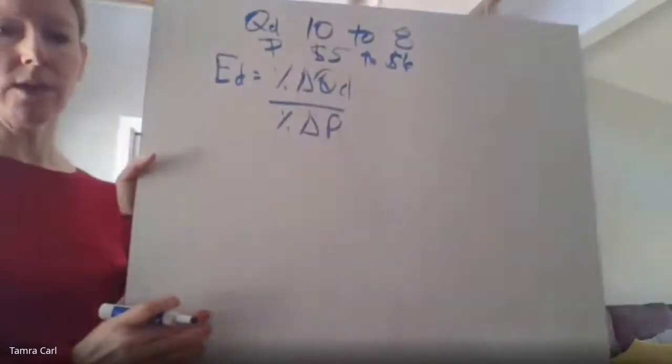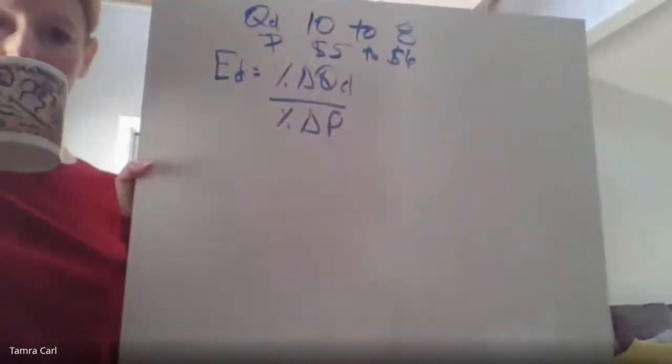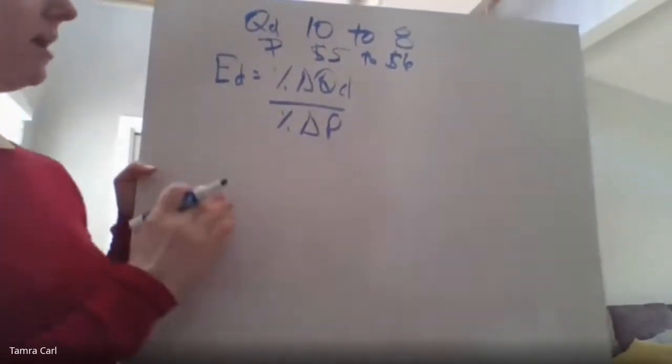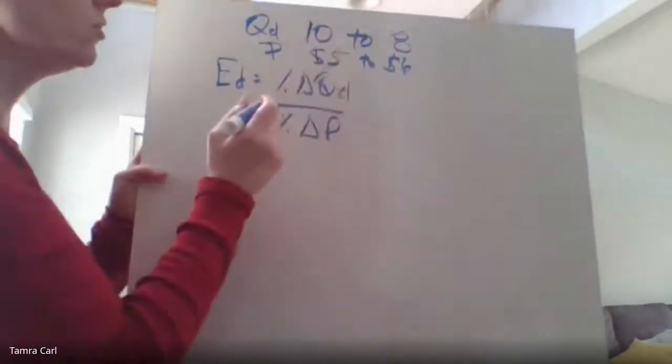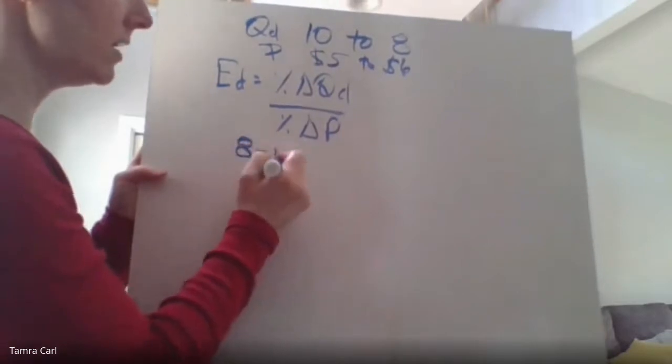So this is where I have to use that whole formula here. Now, I'm technically using the midpoint formula, right? And so this is where I have to say the change in quantity demanded, the new minus the original, which would be 8 minus 10.